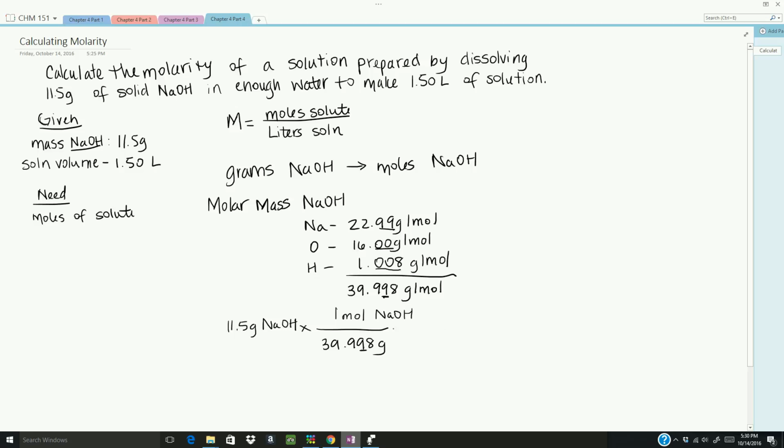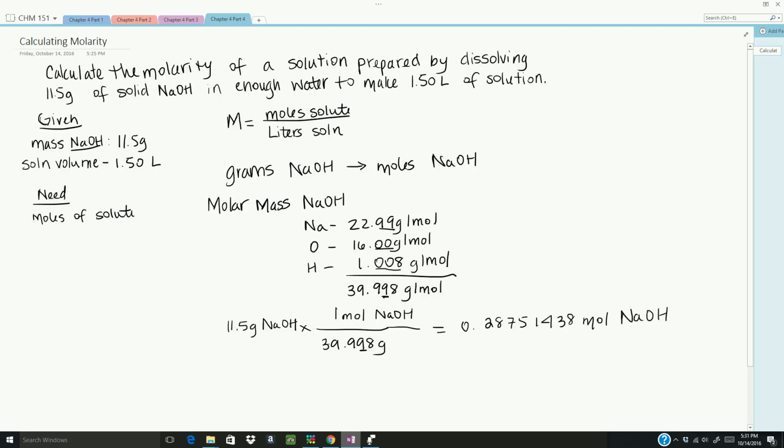Don't forget your sig figs there, so keep it marked. If we do the math and divide, we get 0.28751438 moles of NaOH.